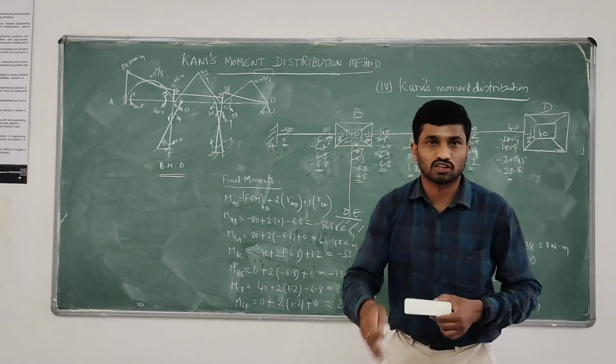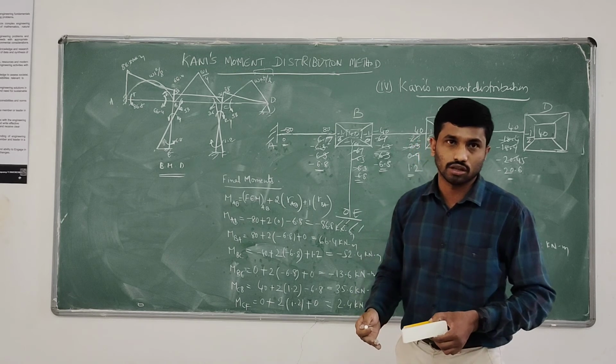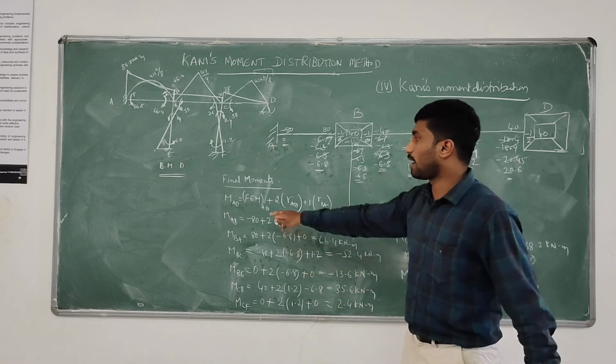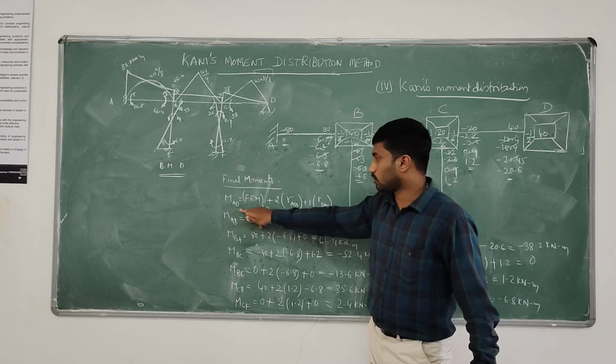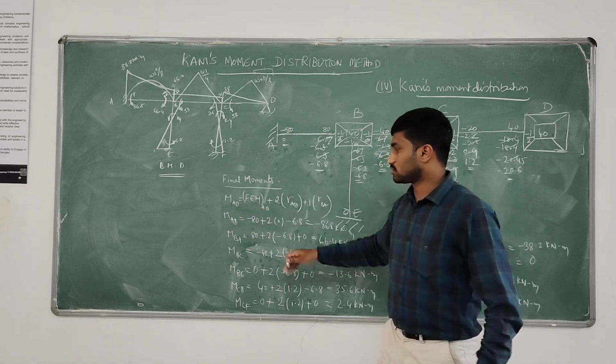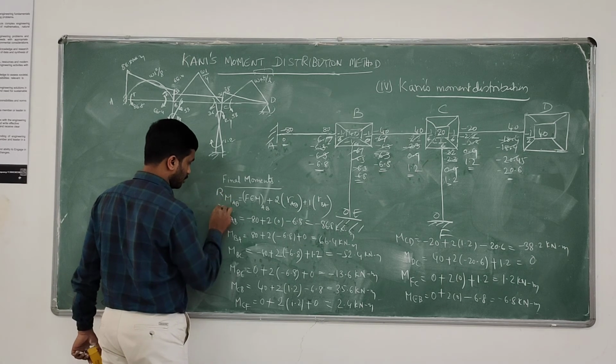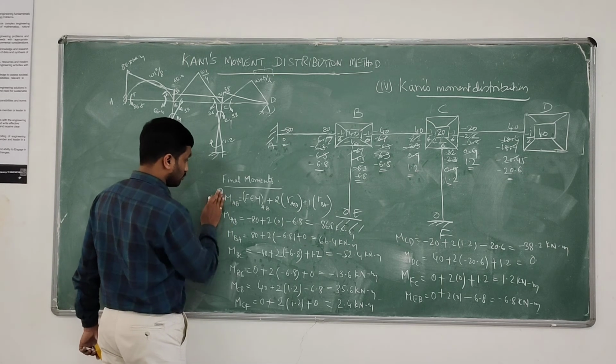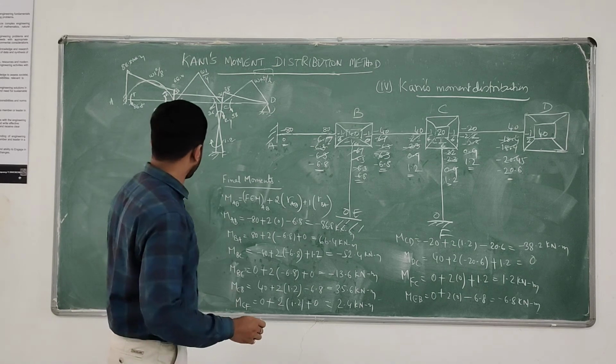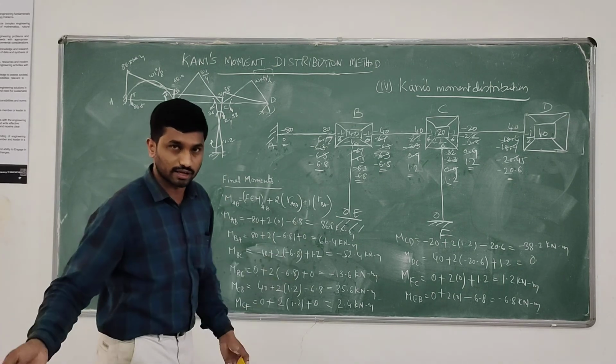Next we have to compute subsequent cycles for rotation contribution. How to compute rotation contribution? I have written the equation. The rotation contribution is not MAB, it's RMAB, the rotation contribution. This is the final moment, but for rotation contribution we write cycle 1, cycle 2, cycle 3.